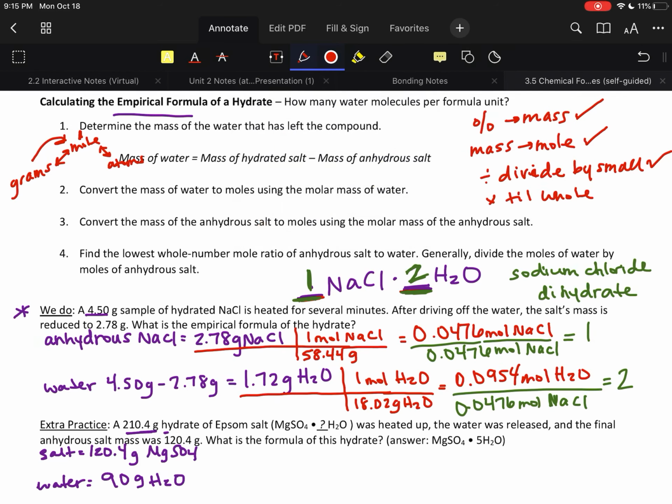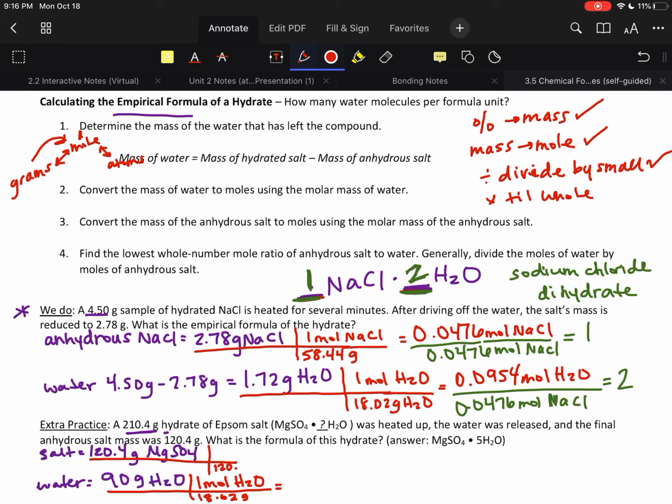So now that I have my grams, I need to convert to moles. This is going to be a little bit tight on space down here, but I'll squeeze in the numbers. Then I'll have to add up the molar mass for magnesium sulfate. We have 24.31 for magnesium, and sulfur is 32.07. And then I have 4 oxygens, so I have to add 16 four times.